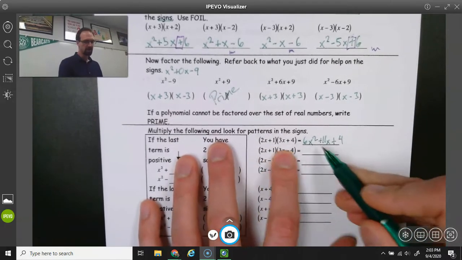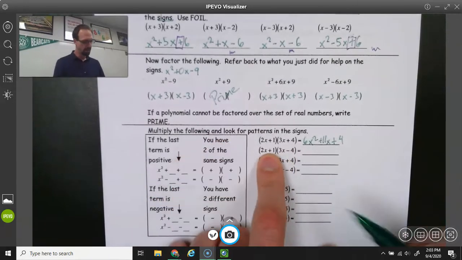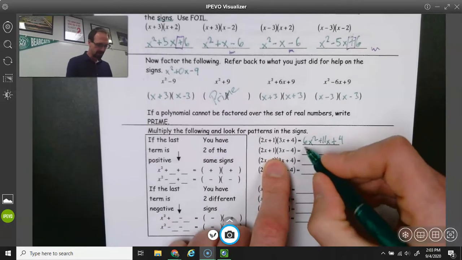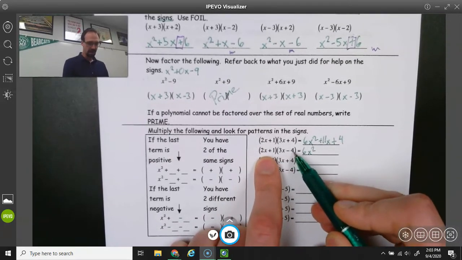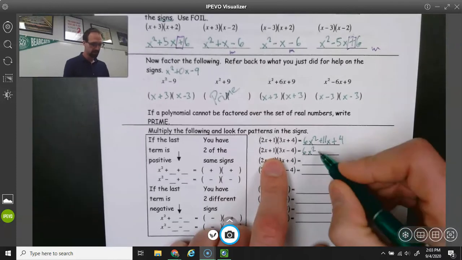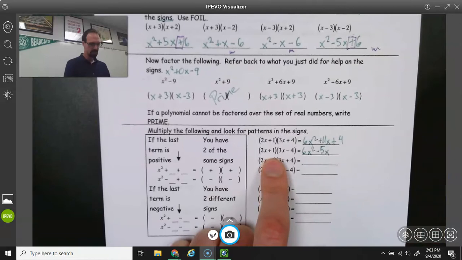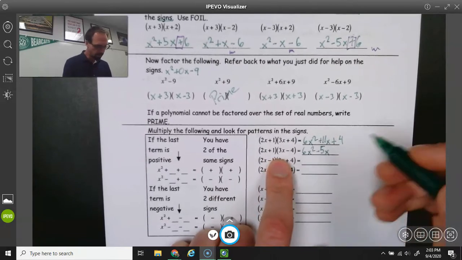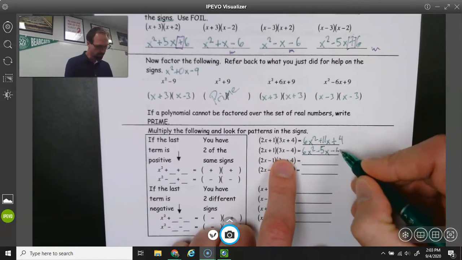So when I have a positive and positive, I multiply them together to get a positive and positive. Here, 2x times 3x, I'm going to have a 6x squared. And now I have minus 8x plus 3x, so that's minus 5x. And then 1 times negative 4 is negative 4.